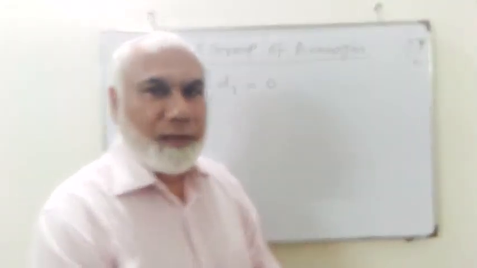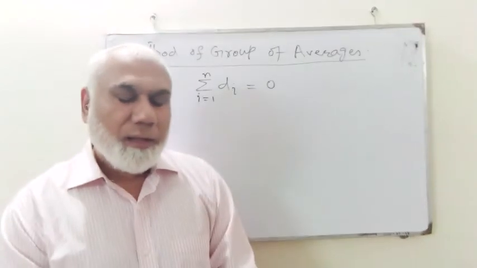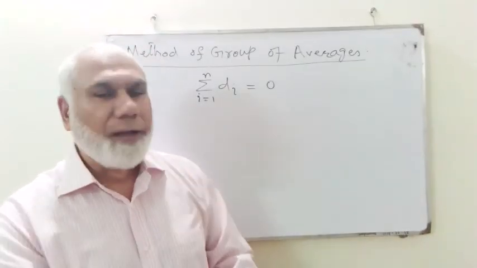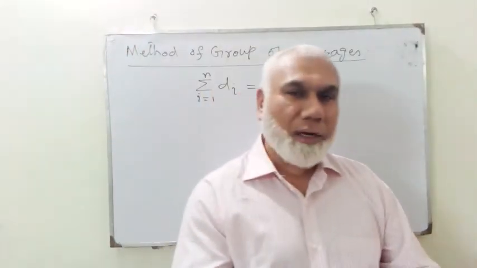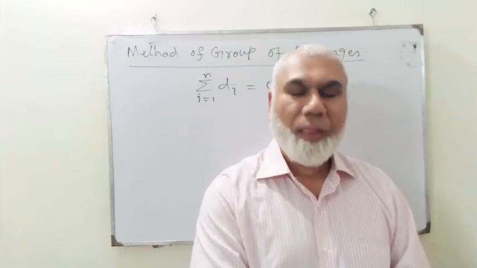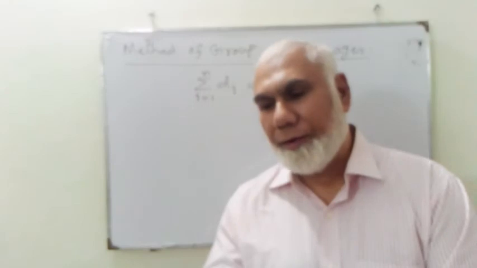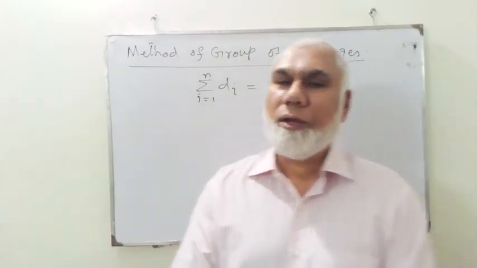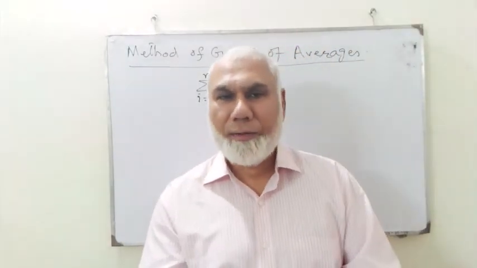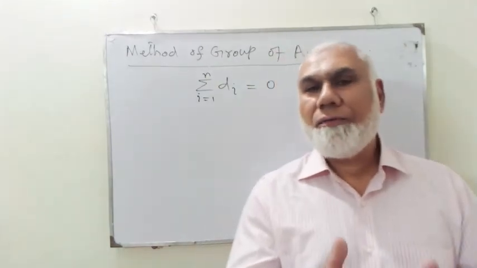What is the procedure of the method? As you know, the title of the method is the method of group of averages. So here we are now going to group our set of points. So here we are going to divide the given set of points into two groups.